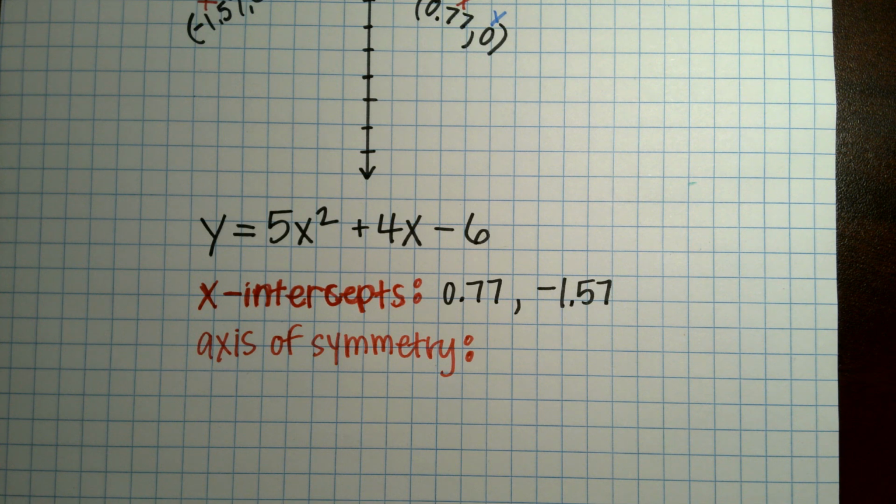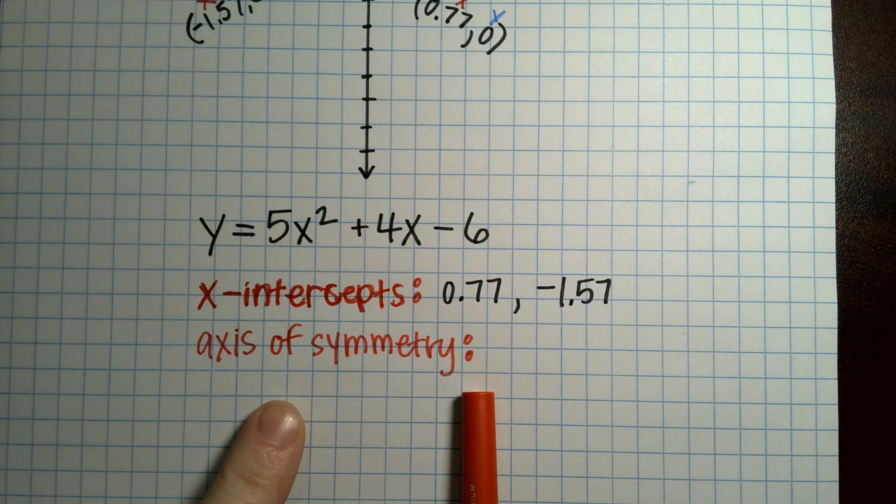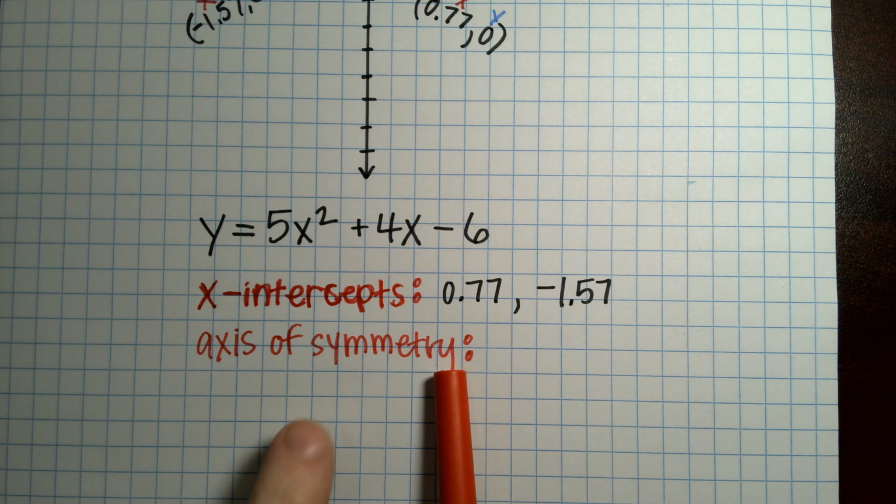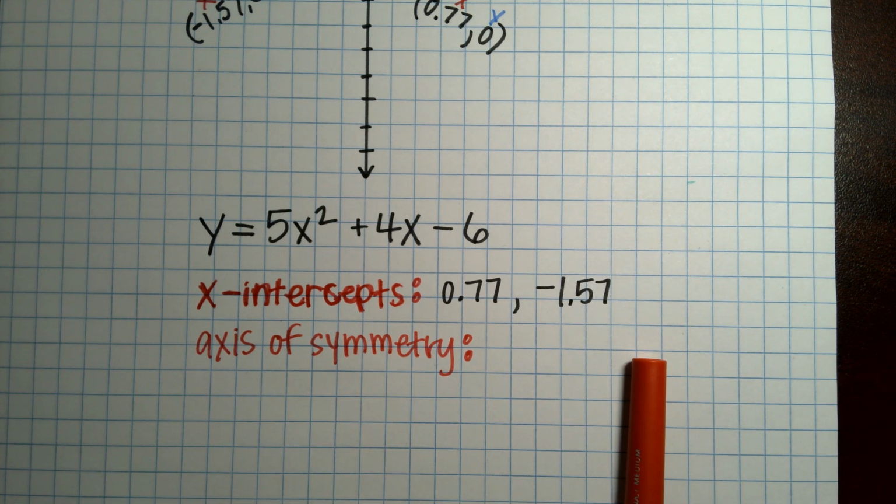Anybody know what the axis of symmetry might be? It's going to be a line that you can put in the middle where both sides match. Yes, exactly. When something is symmetrical, it is the same on both sides.